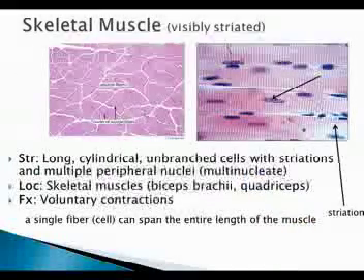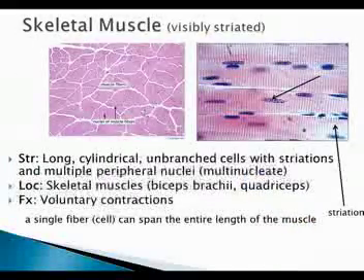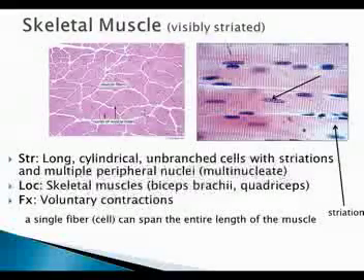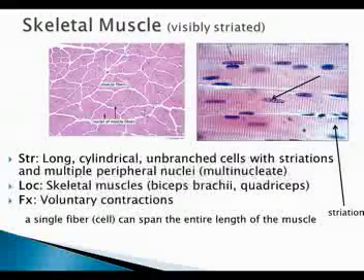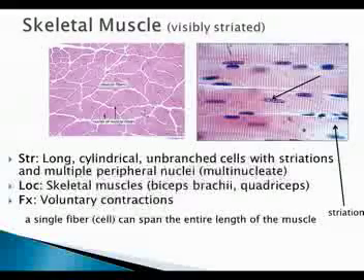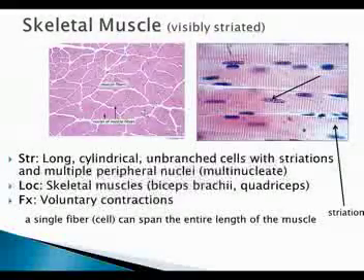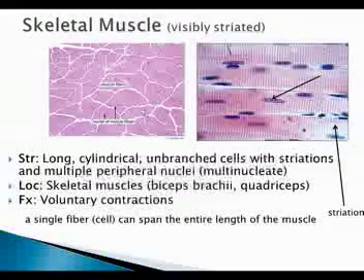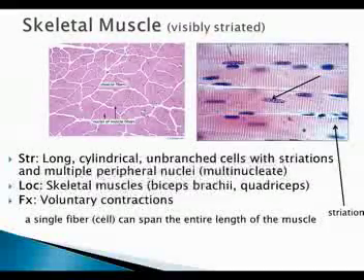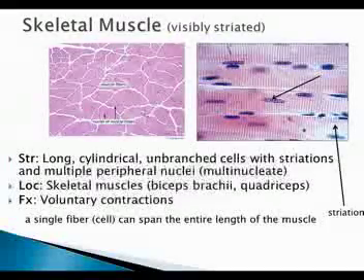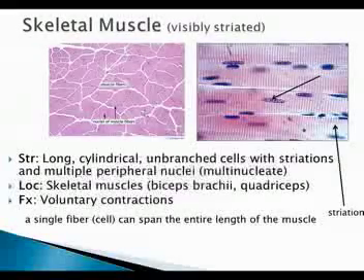We're going to start with skeletal, which is the classic tissue that you think about when you think muscles. All right, so your biceps, your pecs, your quadriceps, those are all made up of skeletal muscle. Some of the defining characteristics of skeletal muscle are that it's visibly striated.